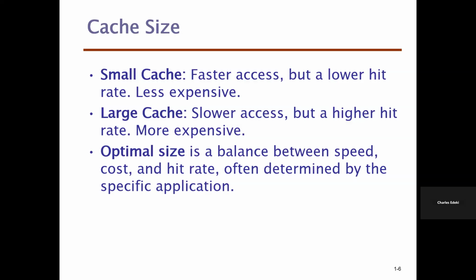The smaller the size, the less overall cost, etc. And as we can see, a large cache has slower access but a higher hit rate, because it's bigger and it's more expensive. And we talked about the optimal size already.